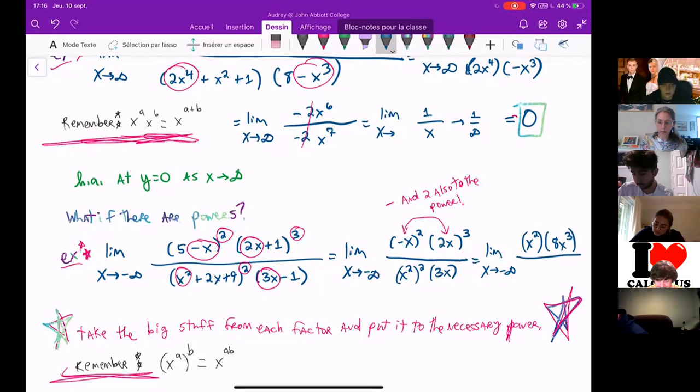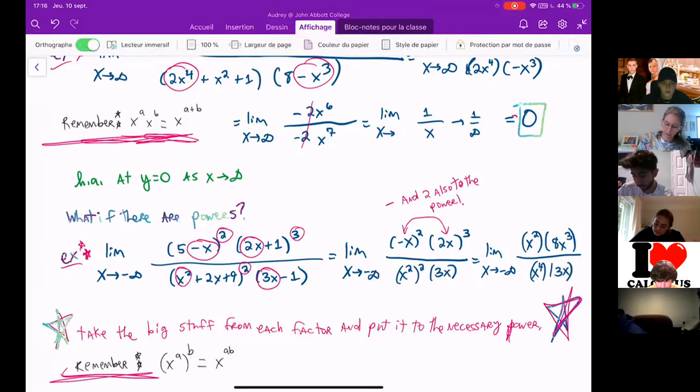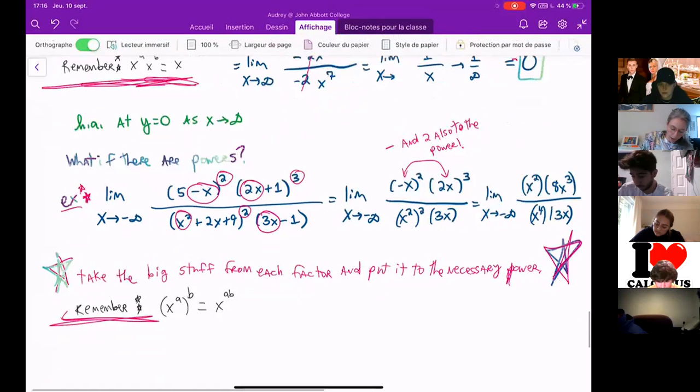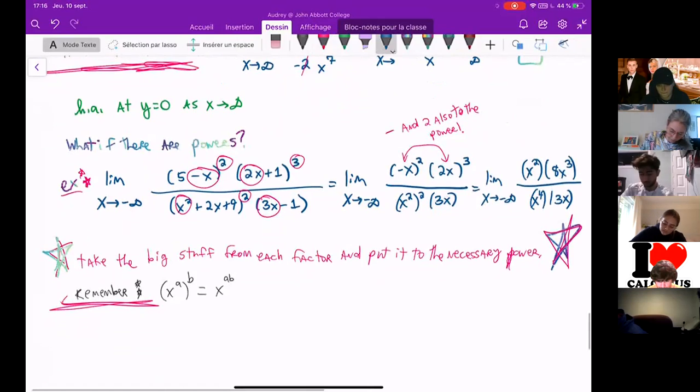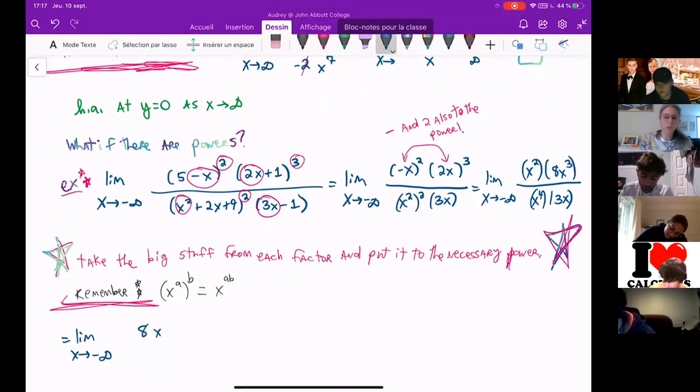X squared squared, here I'm remembering that algebra rule down here. I have x to the 4th times 3x. And now I can use my other rule to see that this gives me 8x. What's the new power on top? 5. And what's the new power on the bottom? 5. 8 over 3.